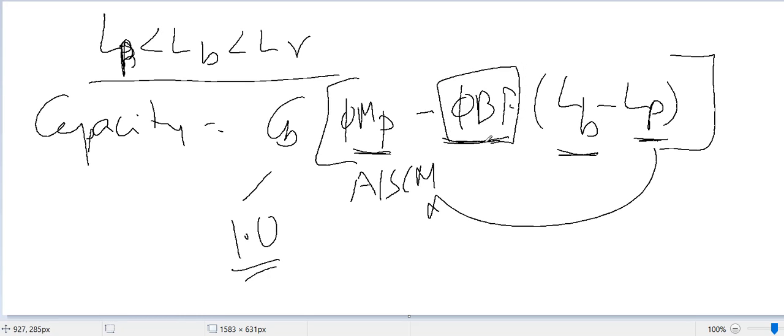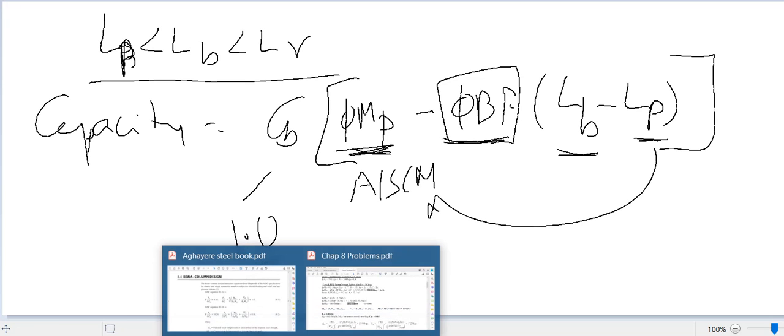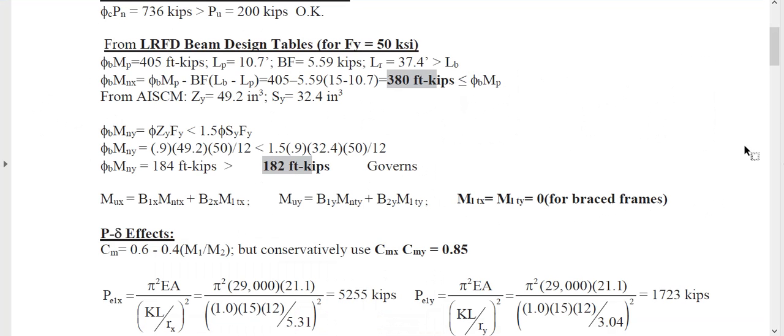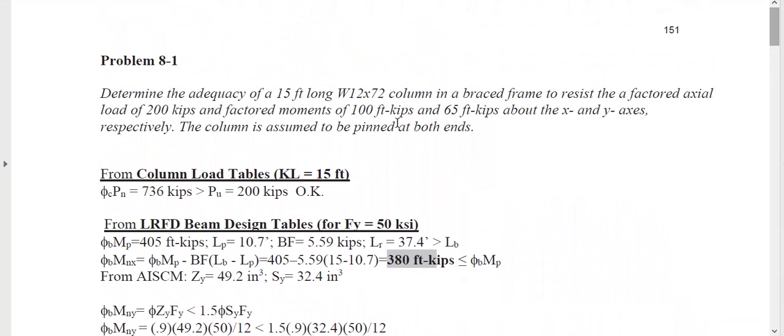Now this value you should not memorize, or you should not stick to it, because with time it changes, because the coefficients change. So hopefully you understood the example. Something else in this example too. So this column is in compression. This factored axial load is 200.